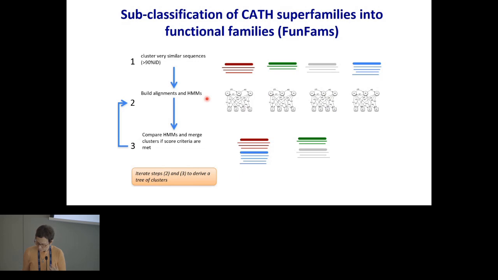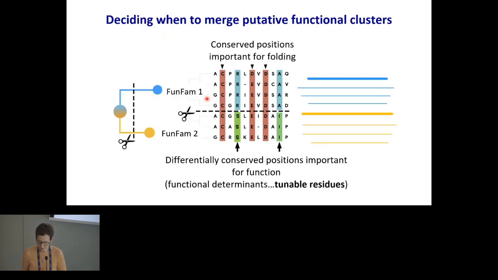And a major part of this algorithm is deciding when not to merge clusters. Because we're interested in functions and functional sites, we don't want to merge clusters that have different functional sites.